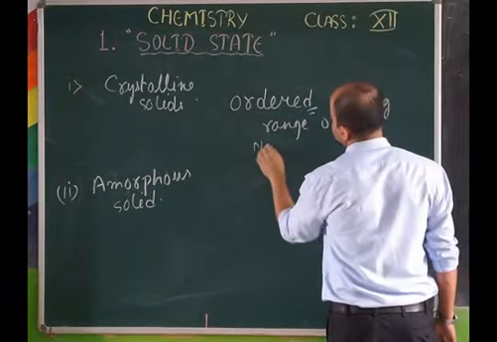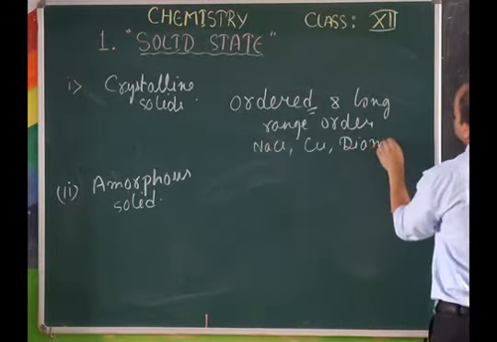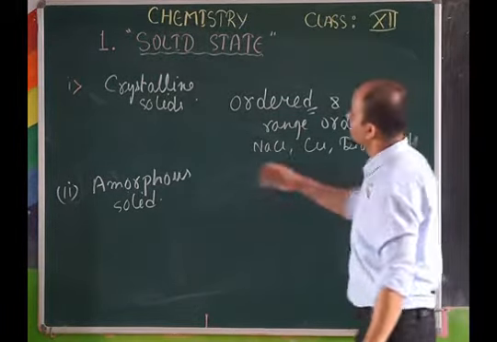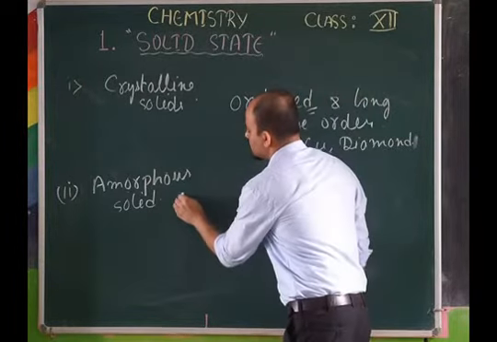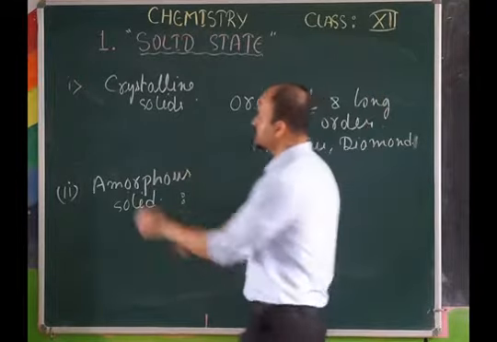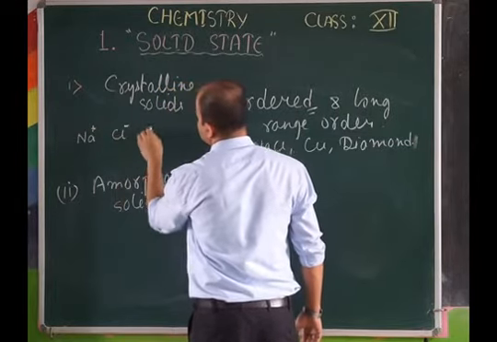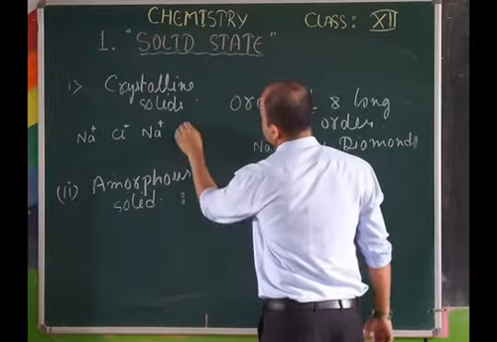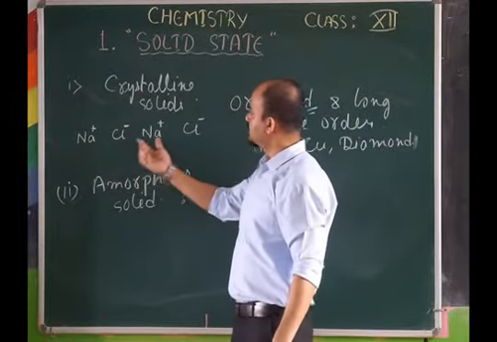Examples are NaCl, copper and diamond. These are some examples of crystalline solids. Since the arrangement of atoms or ions is very ordered, like in NaCl, you have Na plus, Cl minus, Na plus, Cl minus.